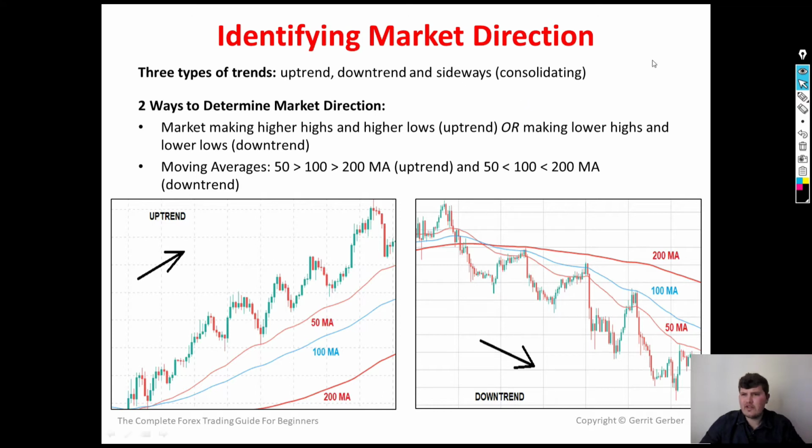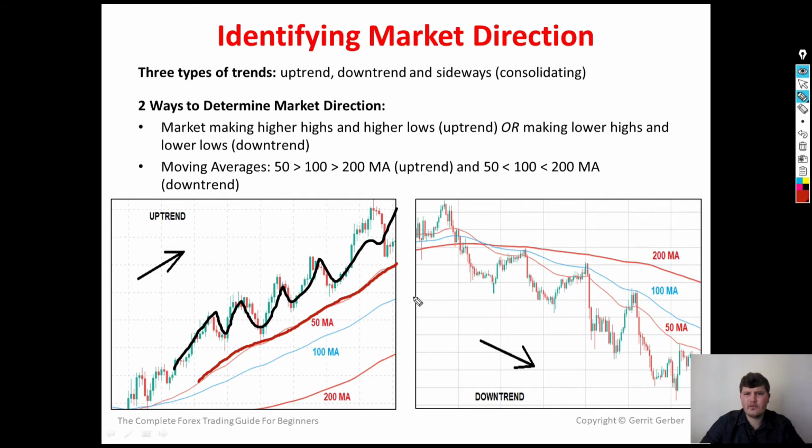Now moving averages are just smoothed out representations of the market. So instead of seeing this, we visually represent this move as a smoothed out line, or moving average, like this.